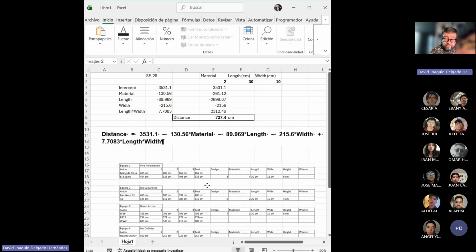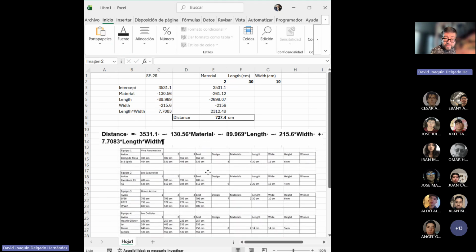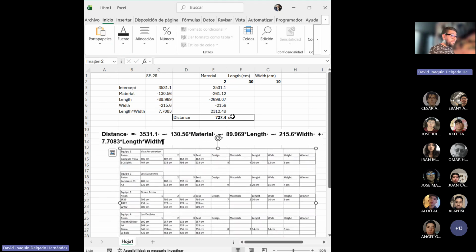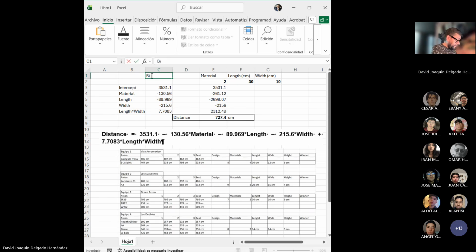Let us see the following for team number 4. For team number 4, the best airplane was Birdie. I remember Birdie. And let us see the input data for my model. It will be material number 2, and in both cases, length and width, it is 14.